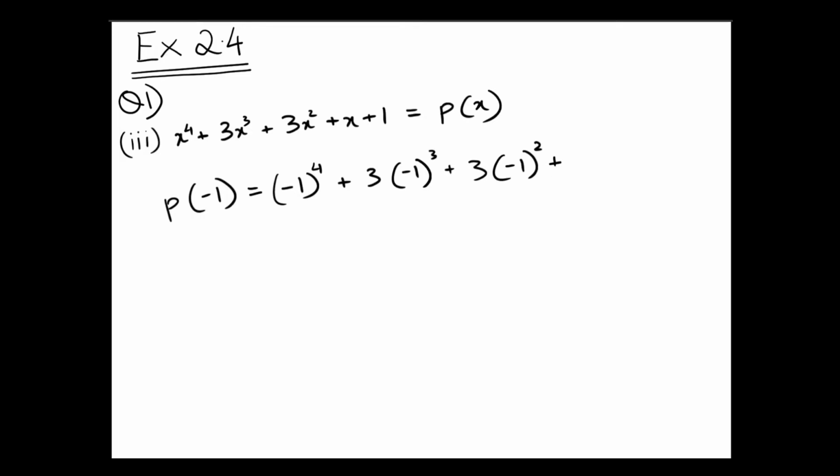So here we've replaced x with minus 1 in the polynomial. This gives us 1 minus 3 plus 3 minus 1 plus 1. Here again we're left with a remainder of 1, which means that x plus 1 is not a factor of the given polynomial.